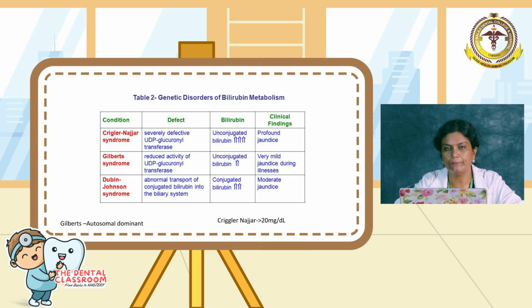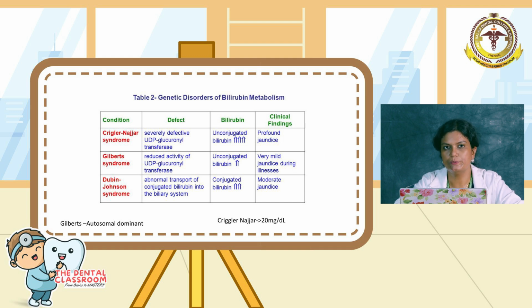The second type of genetic disorder that we are going to see is Gilbert syndrome. Here, the enzyme UDP glucuronyl transferase is present, but its activity is reduced. Therefore, again we will see unconjugated bilirubin high in blood, but the level would not be as high as Crigler-Najjar syndrome. So, the patient will present with mild jaundice, especially during illness or any hepatotoxicity.